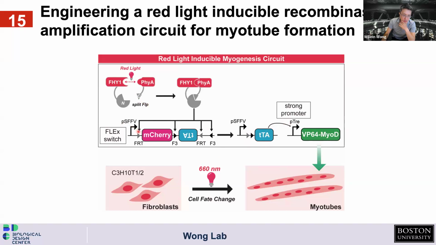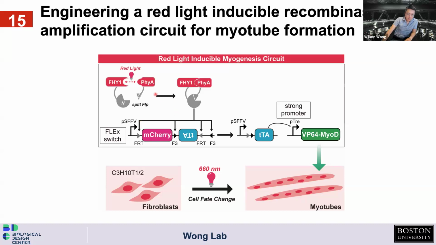The way we're going to do this is using this flex switch. We did this also because we have to use lentivirus to introduce this whole system into fibroblasts, so there are some complications with it too. What we end up doing is that we have these two genes right here. One is mCherry, to make sure that the virus gets into the cell so we can see.